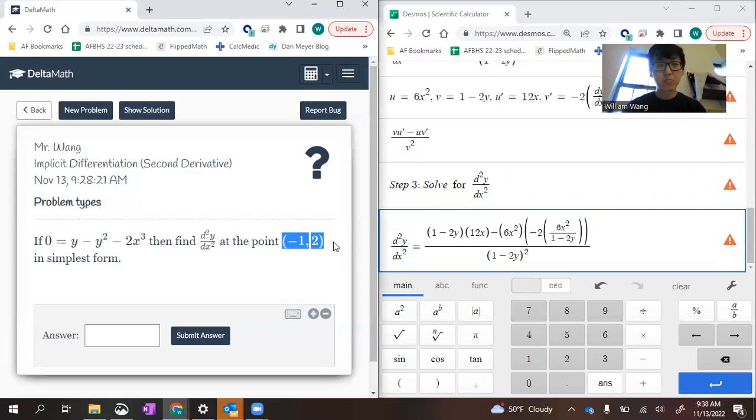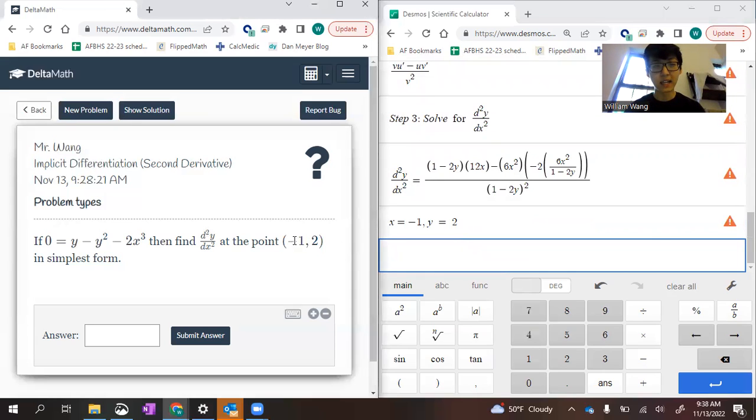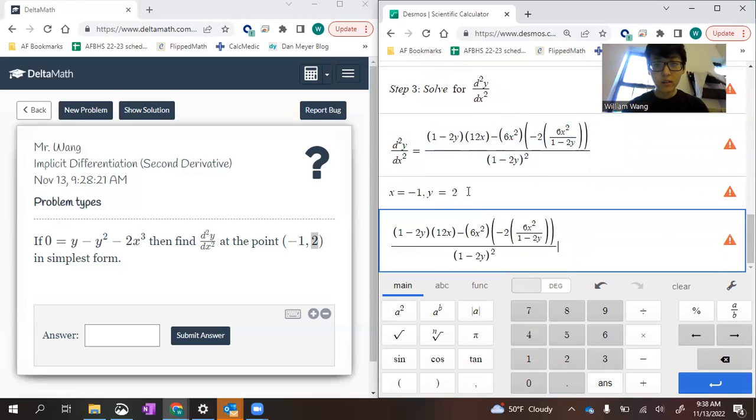Now, they ask us to find the second derivative at the point -1, 2. So let's think about what that means. That means x is equal to -1, y is equal to 2, right? -1 is the x coordinate, 2 is the y coordinate. So I'm just going to plug -1 and 2 in for each of these. All right. Actually, here's what I'll do.